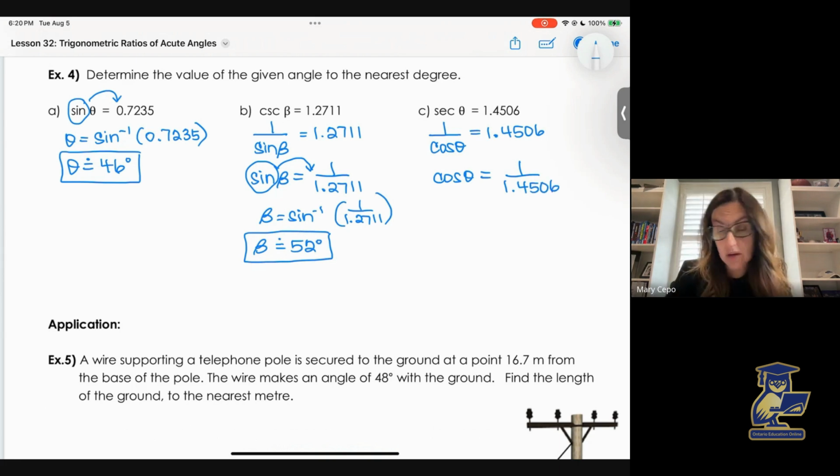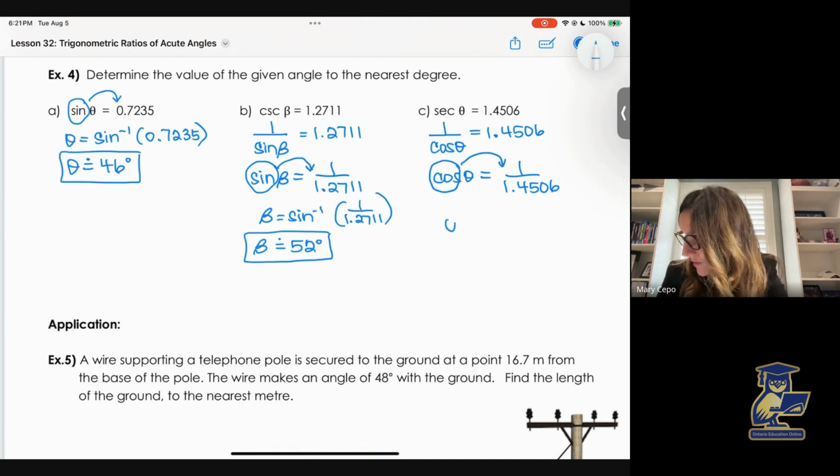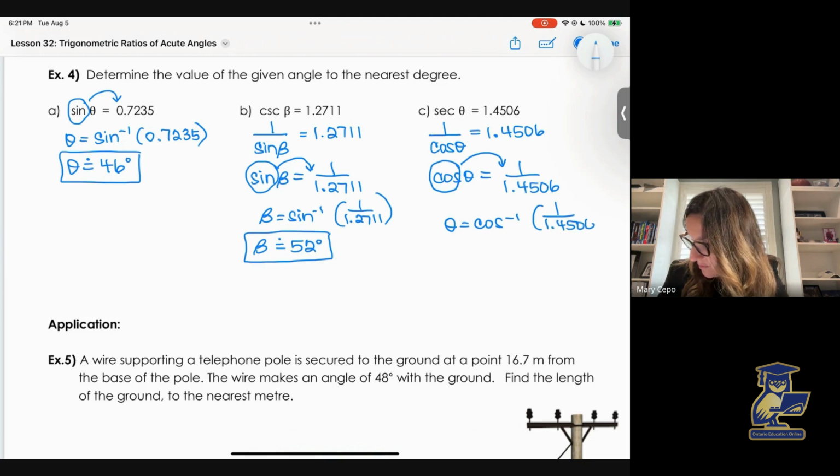We need to get the angle by itself, so we have to get rid of the cos. So bringing that over, theta is going to equal the inverse of cos. So therefore, theta is equal to about 0.81 degrees.